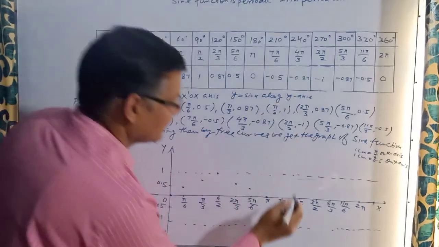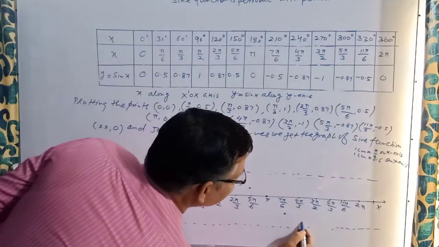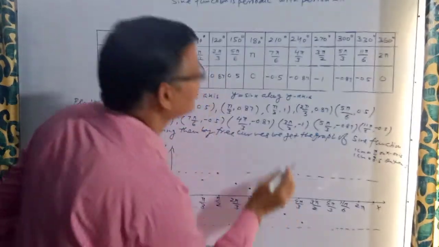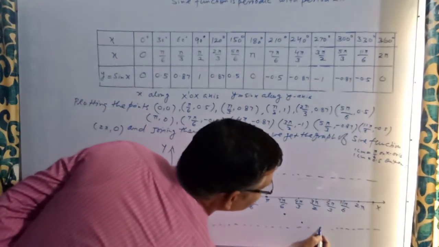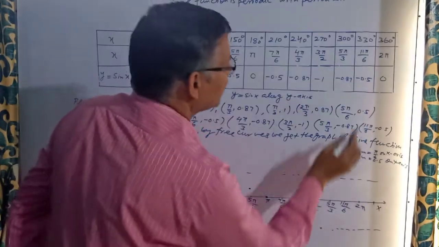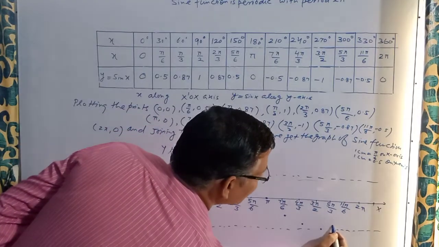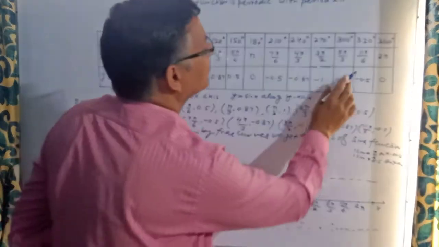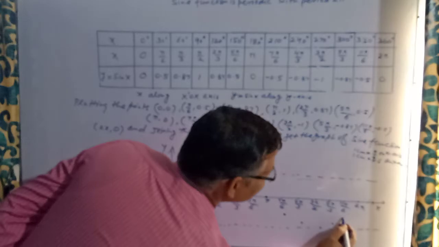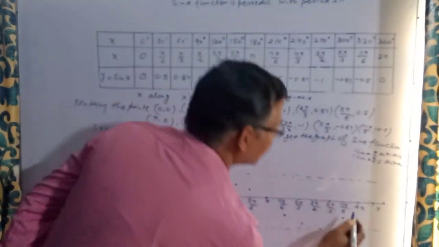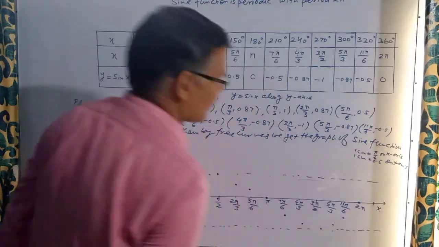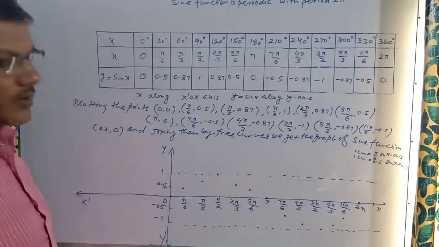Then 4 pi by 3, minus 0.87, 3 pi by 2, minus 1, 5 pi by 3, minus 0.87, 11 pi by 6, minus 0.5, 2 pi, that is 0. This is a way to get the points.